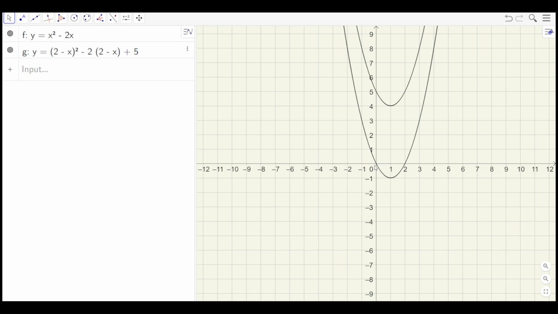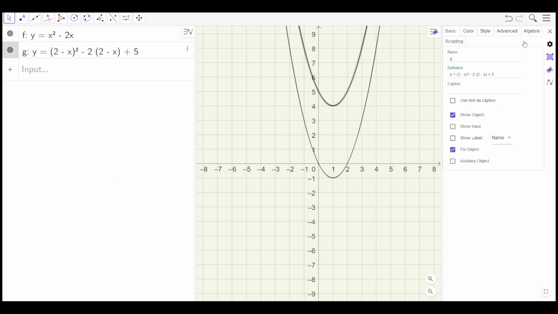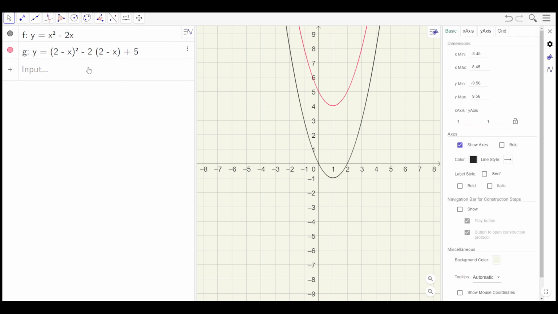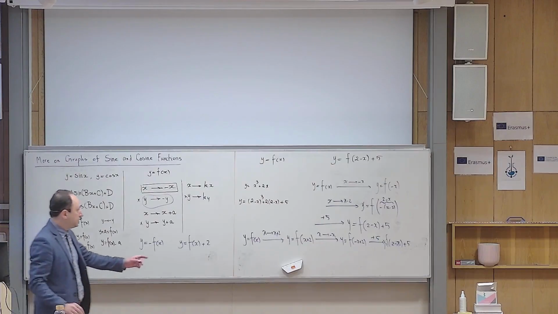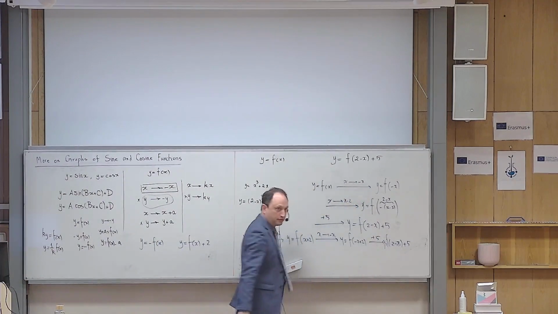So I don't know if I just flip this one. Let me change the color here to, say, red. So, okay, now concentrate on the black one. Let us go to the first line. In the first line, we first flip and then shift. Yes?